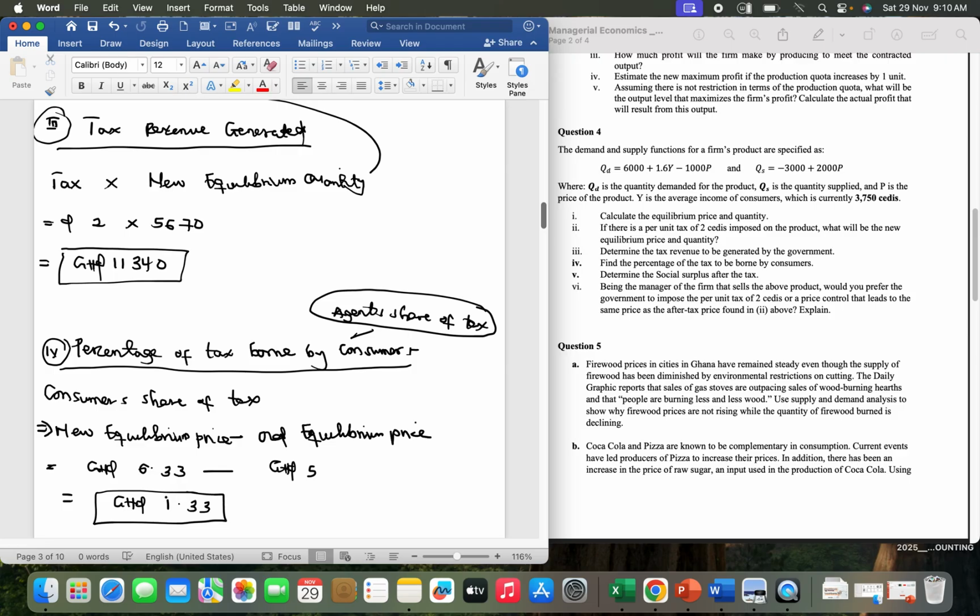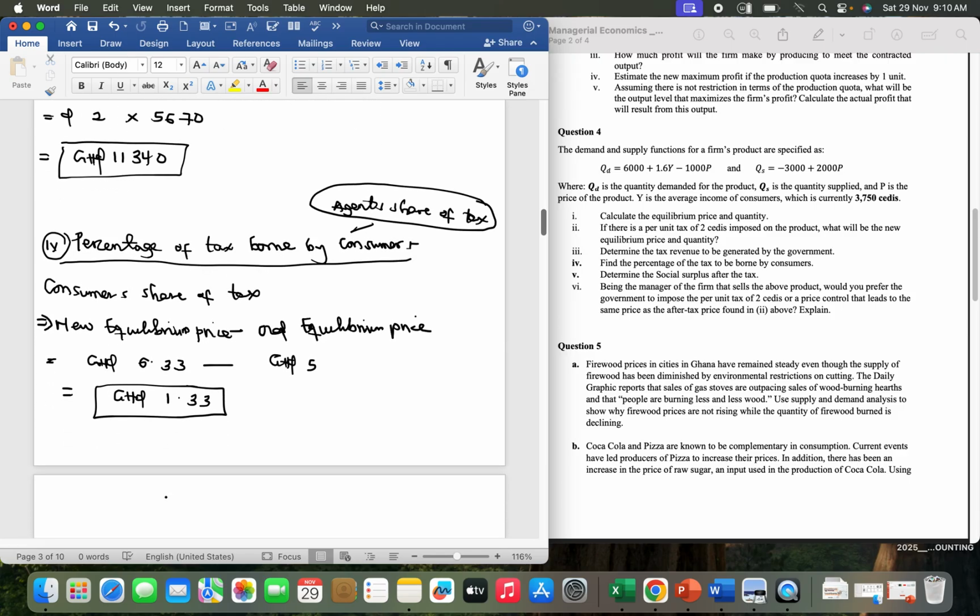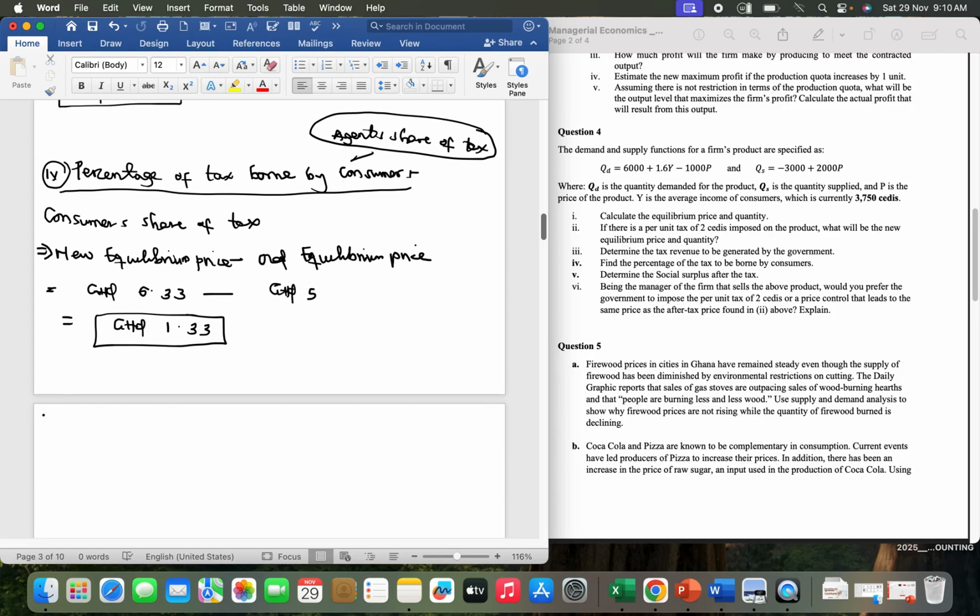But the question asked for the percentage of the tax borne by the consumer. In order to find the percentage tax, it's the consumer's share of tax divided by tax times 100%.